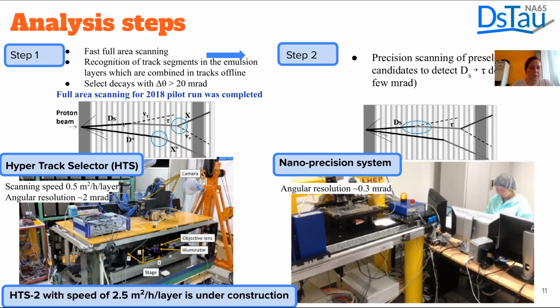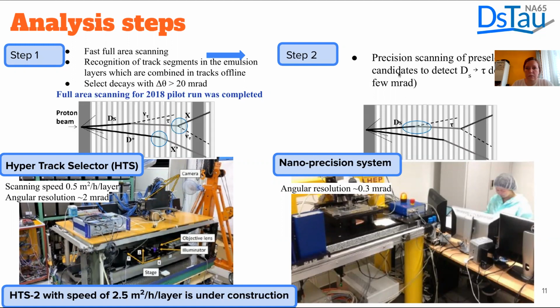So if the kink between Ds and tau is smaller than or comparable with the resolution, we cannot find it in this first step. And so we are also looking for such topologies where there are only two decays.